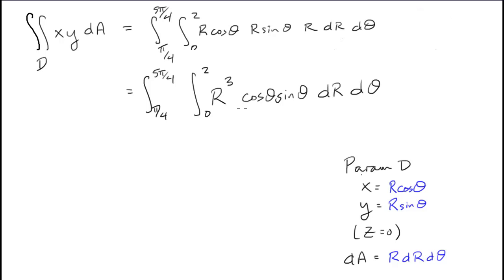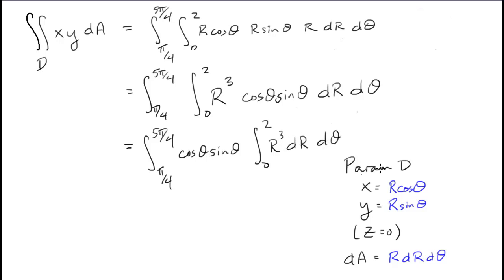I'm doing the inside integral first. Theta is fixed, so cosine theta, sine theta is a constant, and I can pull it out. This integral in r has constants as its limits, and so the whole integral is just a constant.